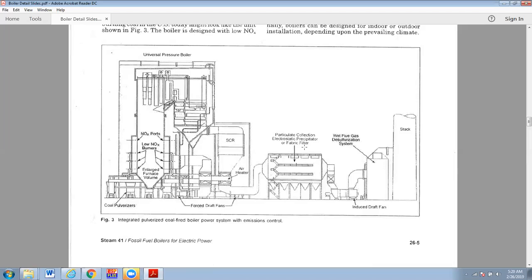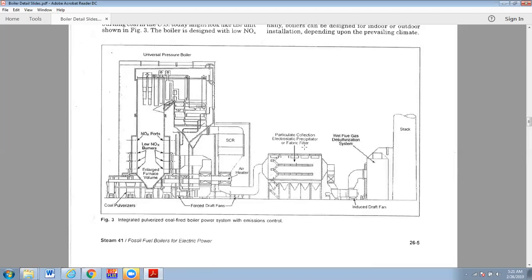So the installation of the SCR increases the load on the precipitator some. And of course, you got to have that SCR's extra pressure drop, so we may have had to add a fan or beef up the ID fan to be able to get the air through it.